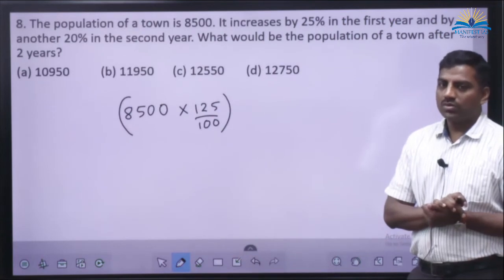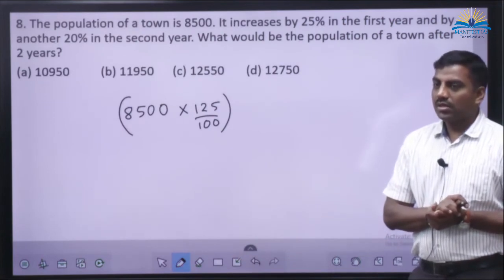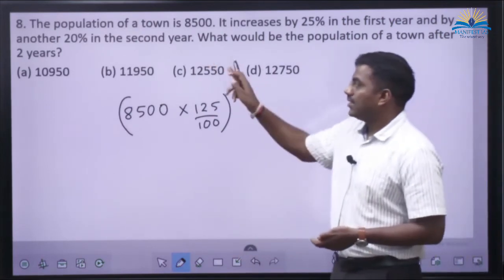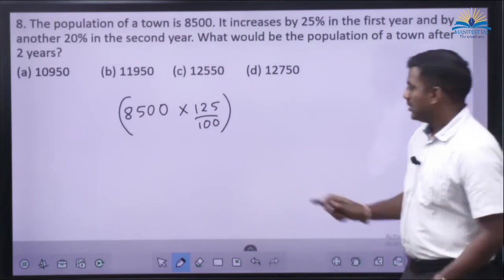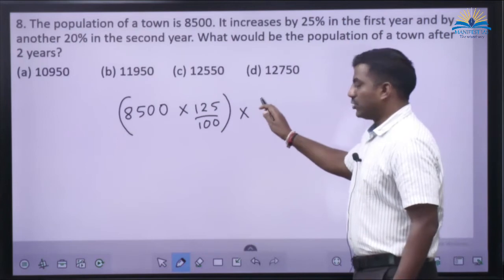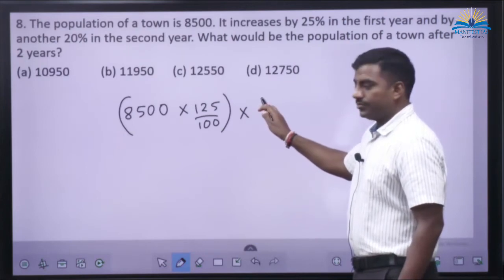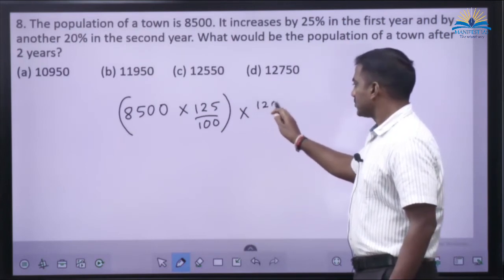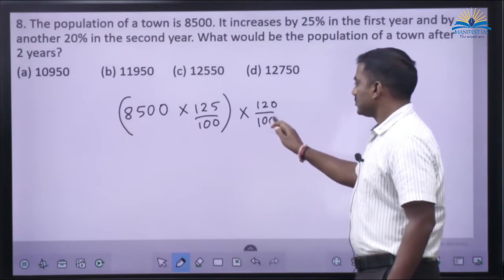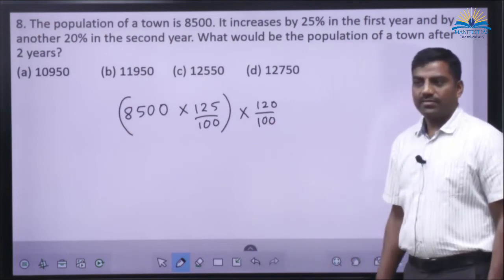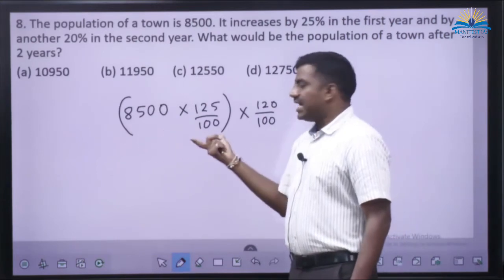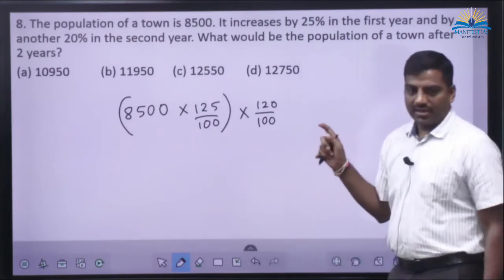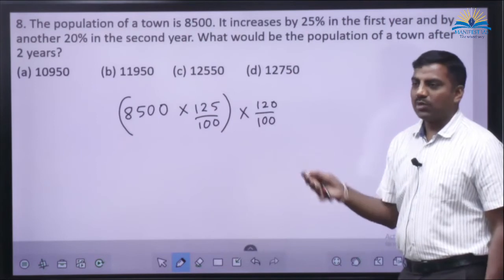Yes or no? At the end of the second year, it is growing by 20%. What should I write here? Correct? This is initial population, end of first year, end of second year. Then we'll get the total population.